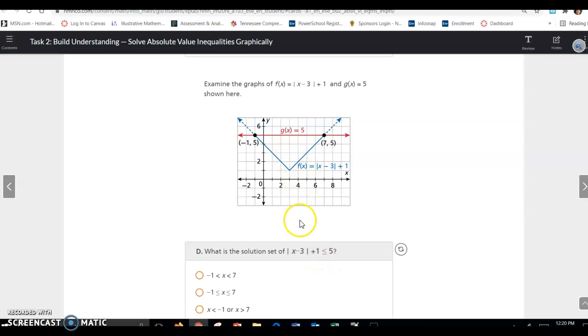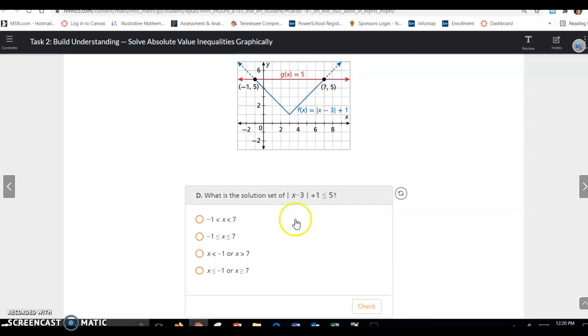So g of x is the 5. So we want less than or equal to. This time, the endpoints are included. That's why these are solid dots. All right, so we're going to go from -1 to 7. So x has to be between -1 and 7. And because this is less than or equal to, that means these have to be less than or equal to as well.